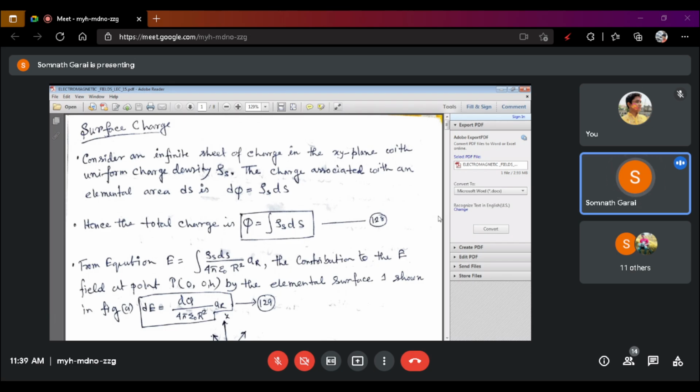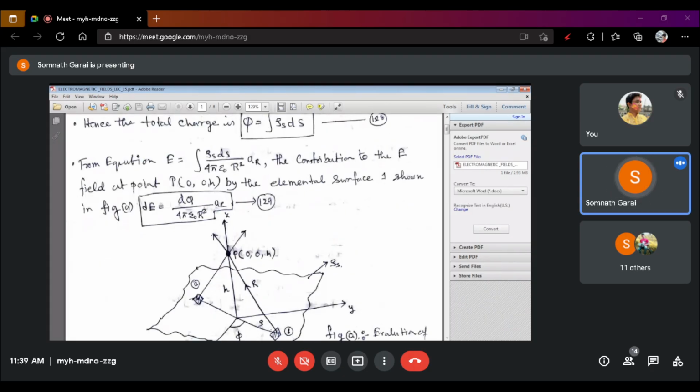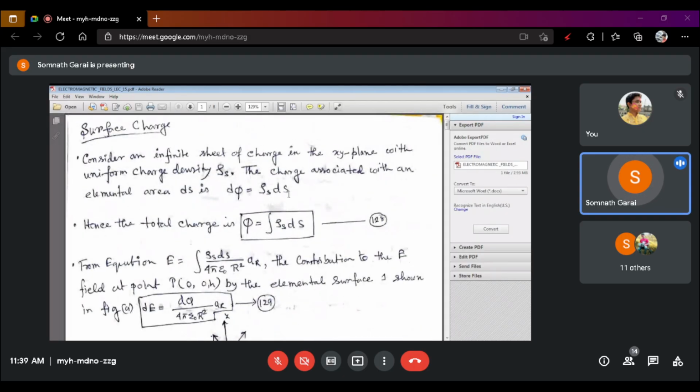Now, the charge associated with the elements of the area, we know that according to the differential charge, dq is the small area's charge. dq is rho s into ds, right? It is already familiar with us. Okay. Then if you calculate the total charge of the sheet, then we know that Q is equals to integration over rho s ds.